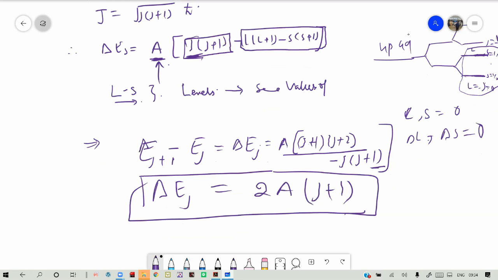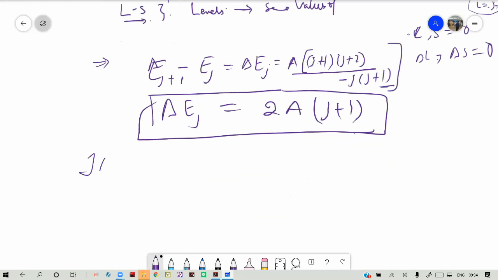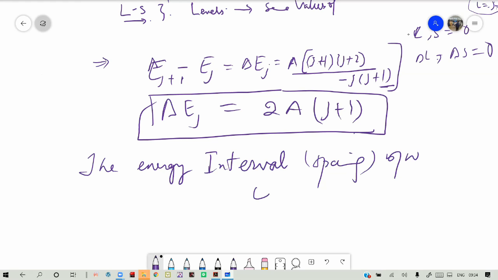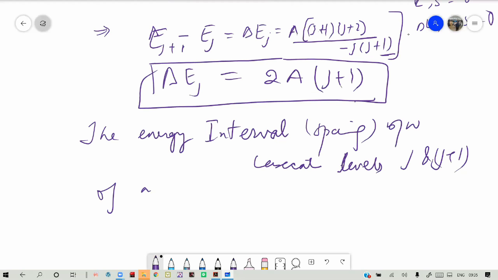So what it means is that the energy interval, that is the spacing, between consecutive levels J and J plus 1 of a fine structure multiplet is proportional to J plus 1.